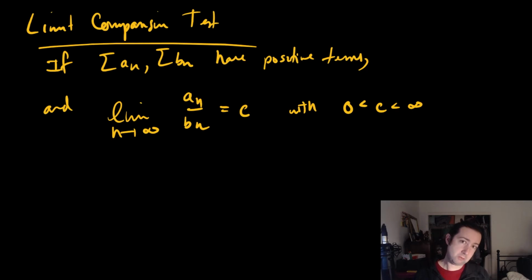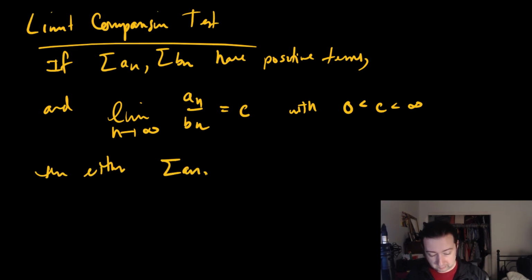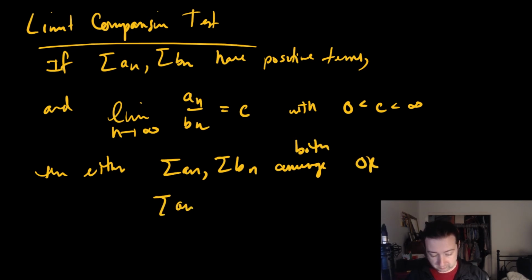So c can't be 0 and c can't be infinity. We know it must be positive because all the terms of the sequence are positive. So if c is a non-zero, non-infinite number, then either a_n and b_n both converge, or a_n and b_n both diverge.